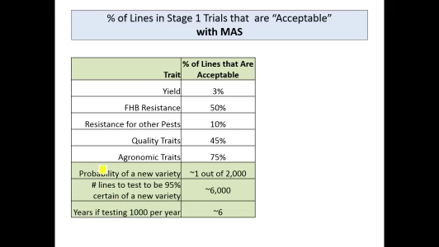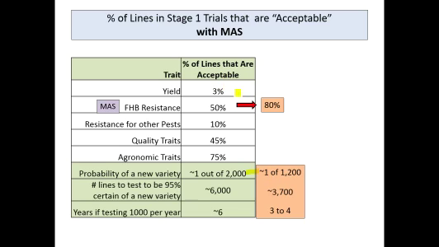Well, here is my efficiency again that I showed before without any marker-assisted selection. But now let's say I'm going to do marker-assisted selection for FHB1, and now instead of only half my lines being acceptable for Fusarium head blight resistance, because of that marker-assisted selection, now 80% are acceptable.